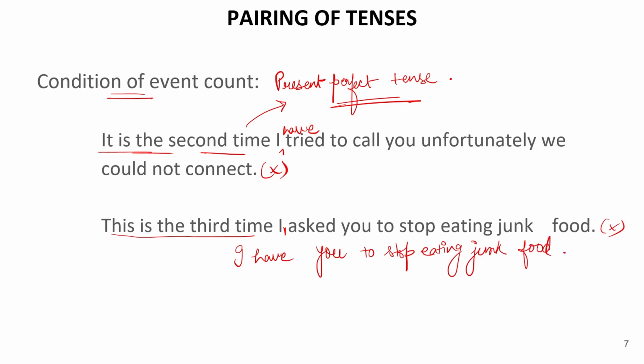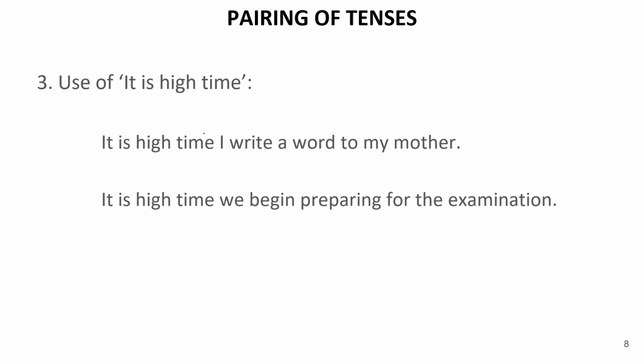So, whenever we have expressions like it is the first time, it is the second time, it is the third time, we always use present perfect tense. That's it. Always use present perfect tense.